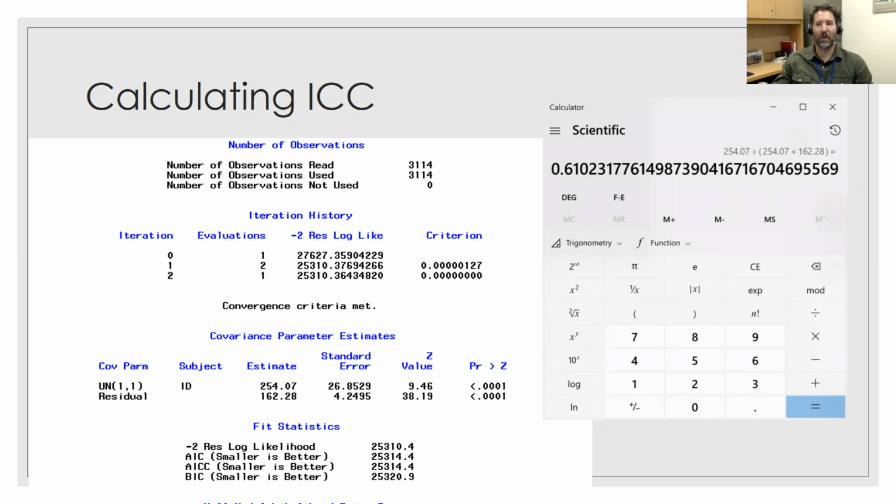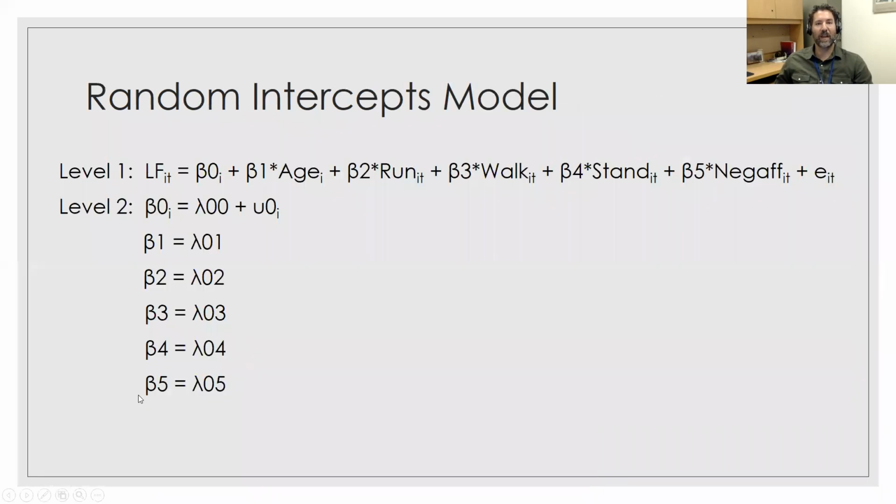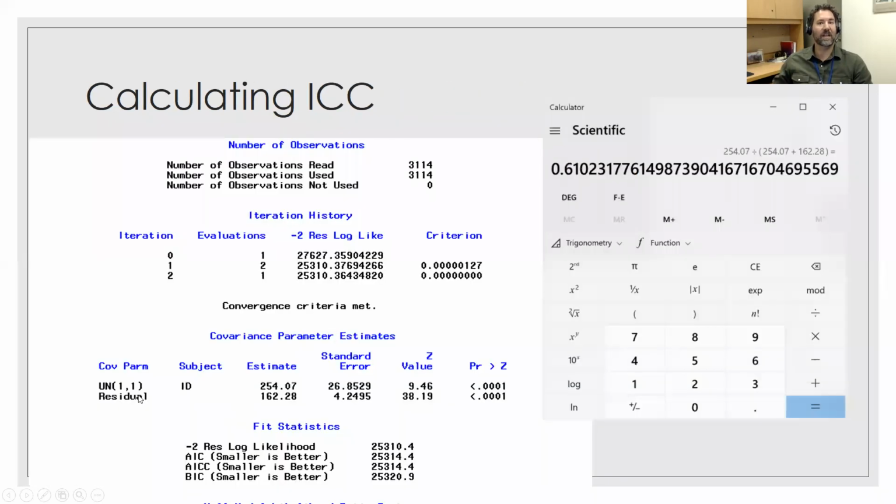That's what the top line tells you. The bottom line tells you that those LF readings differ significantly within a person. So there's significant variance. We can't just assume that all those LF readings within a person are essentially the same.